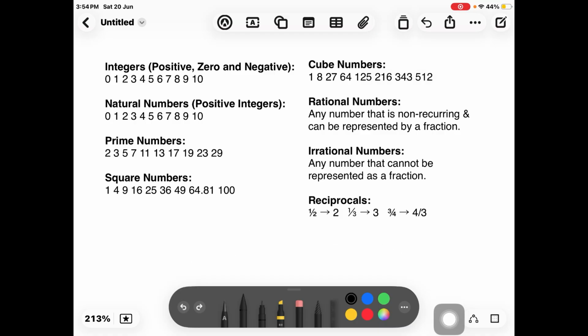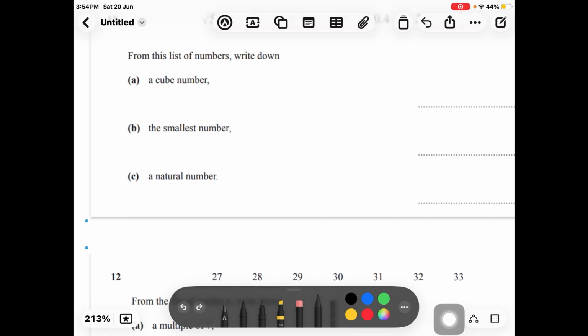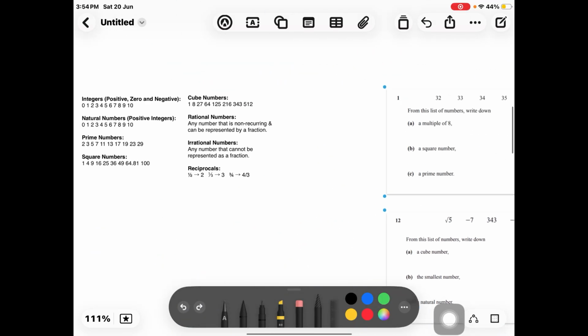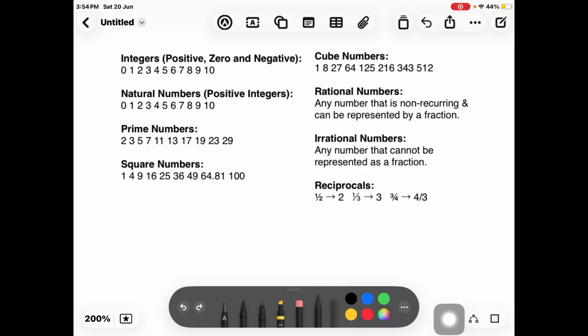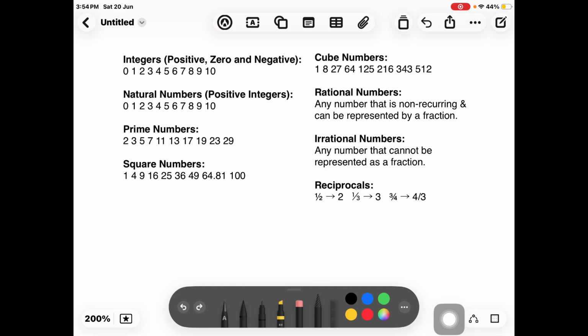But how do you know which number is not a rational number? Basically, any number that isn't a rational number is an irrational number. And an irrational number is any number that cannot be represented as a fraction. Such as 2 over 3.